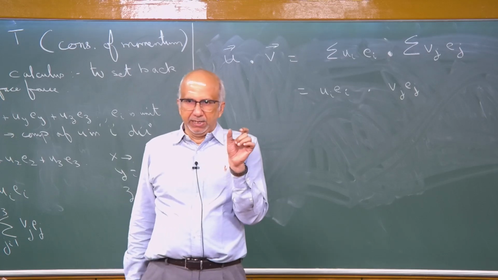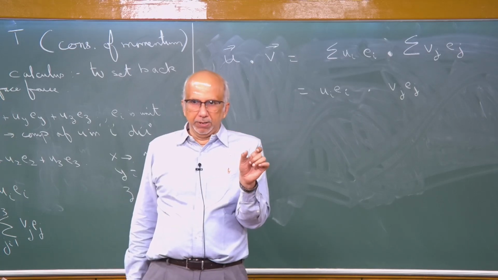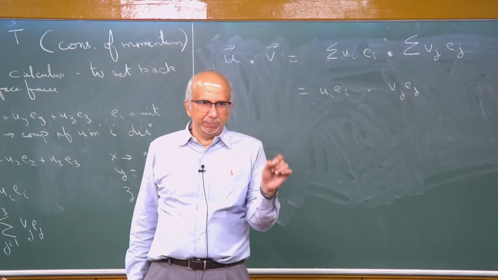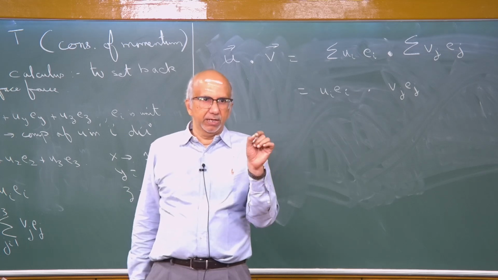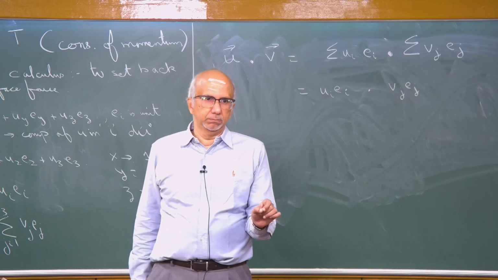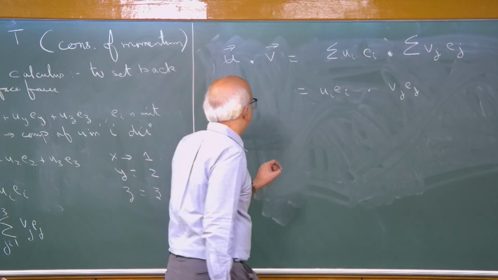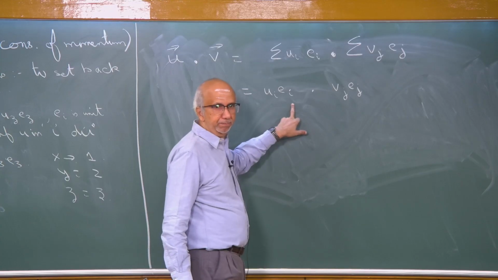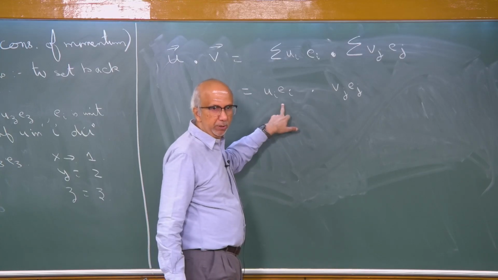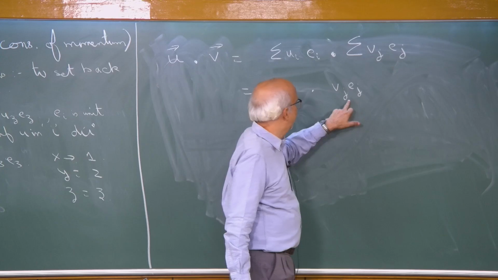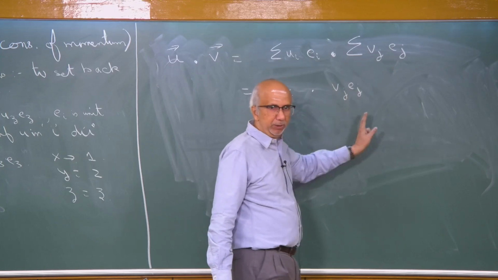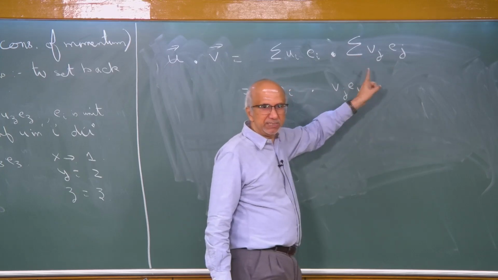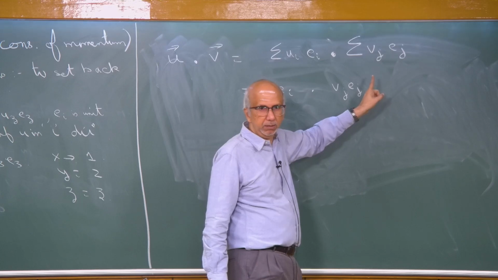What it says is, if in a particular term a particular index is repeated, then we are summing over that term, okay. In this term i is repeated, that means we are summing over i. In this term j is repeated, that means I am summing over j. I do not have to explicitly write the sigma sign, okay.